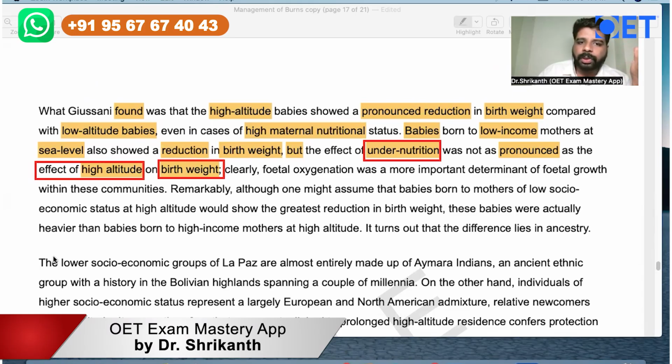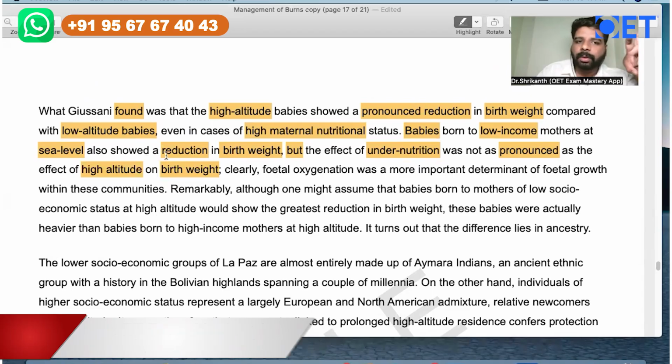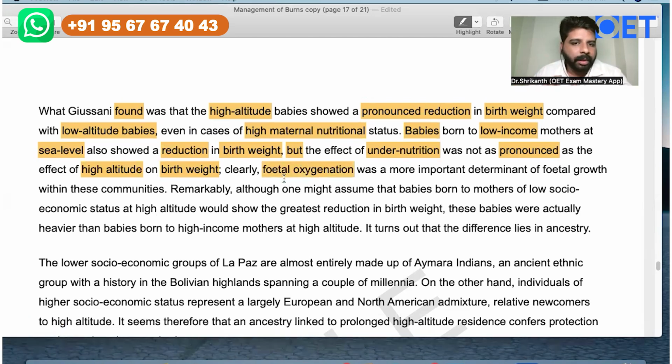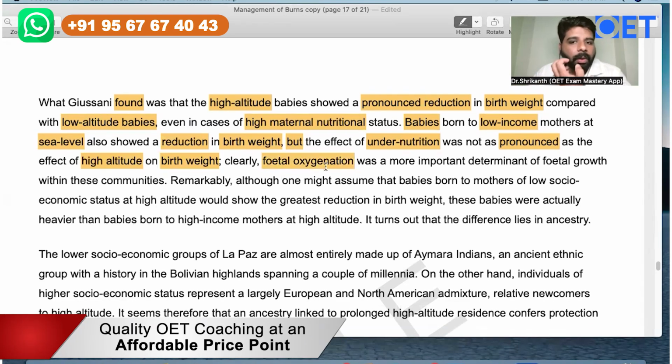Right, so that is the positive information. So it is not very negative. So having low income is not as negative as being at high altitude. Right, clearly fetal oxygenation, fetal basically means the baby in the womb, okay, fetus. Fetal oxygenation was more important determinant of fetal growth within these communities.